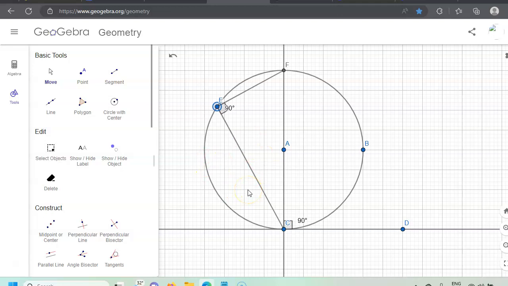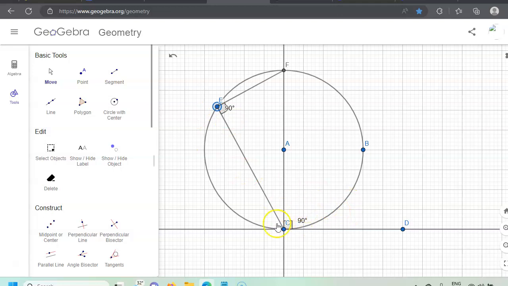So the proof is straightforward. If we have a chord that passes through the center, then the angle at the alternate segment is an angle in a semicircle. So that would be 90 degrees.